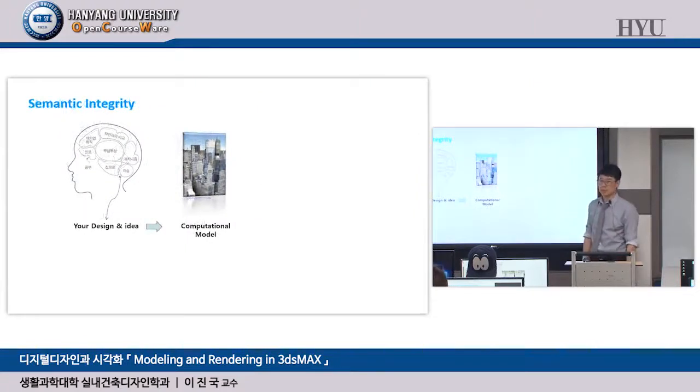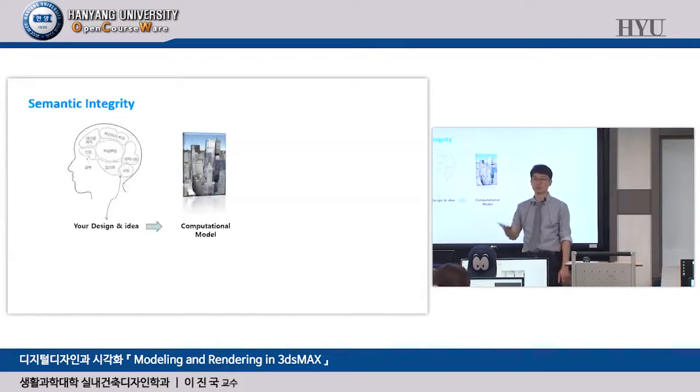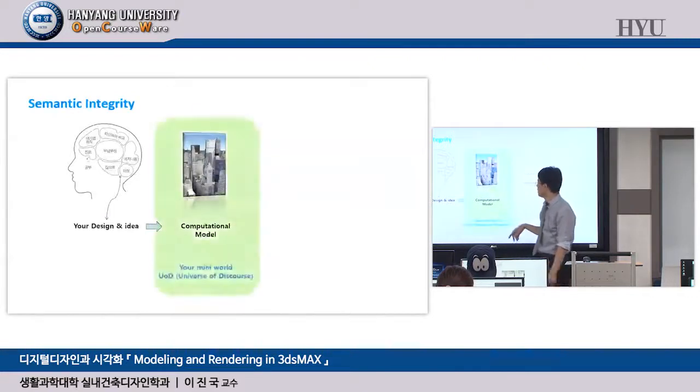Semantic integrity, that is the concept you have to be aware of. Your building model, your computational model, has your mini world. What is the world? What is the universe of this course? What is the universe of discourse? Your definition of your world, okay? When you design your building, think about you are designing your home, your new house.